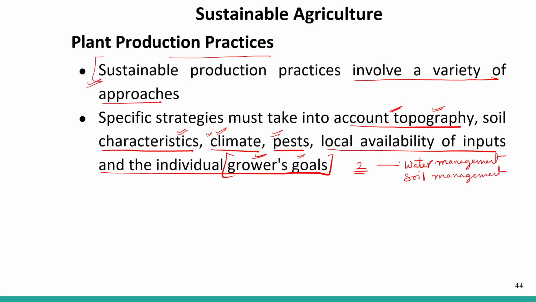These two things are in our hand, in our control, and we can manipulate them according to our crop requirement. We cannot change the climate or the weather, but we can manage these two. According to the farmer's requirement, we can go for proper water management and proper soil management for that crop.